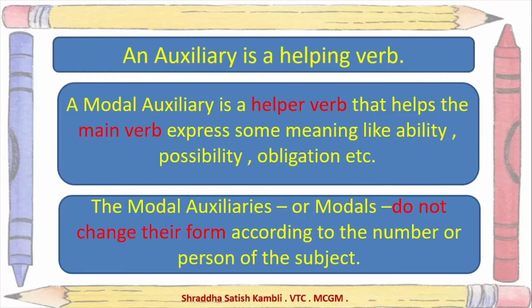So it doesn't have anything to do with the subject. Alright? So modal auxiliaries, they do not change their form according to the number or the person of the subject. So these are some important things that you should know about modal auxiliary verbs. Now we will go on and we will take a look at a broad picture.